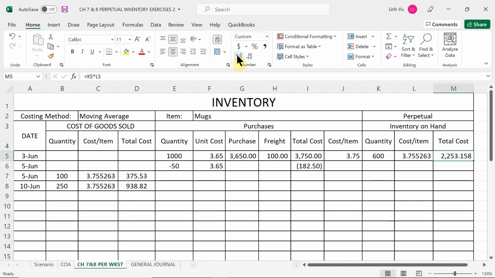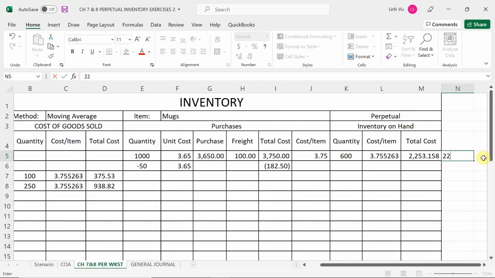If I expand this out, it's actually 15.8. So I need to make sure it's 2,293.15 instead of 16.